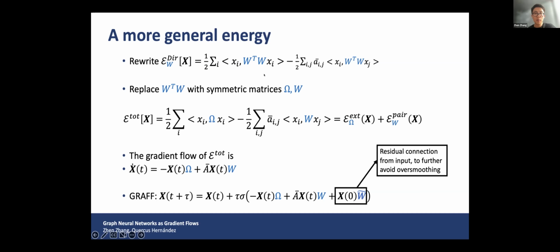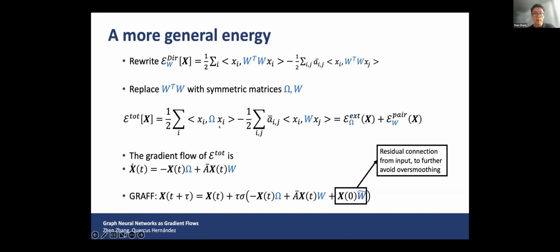And they can generalize from here by assuming that they only put a symmetric matrix, omega and W, for each part. So in the first part, they replace this W transpose W with a symmetric matrix omega, and then they replace the W transpose W in the interaction component with another symmetric matrix W. And they can easily parameterize these symmetric matrices by the sum of matrix A with its transpose, right?